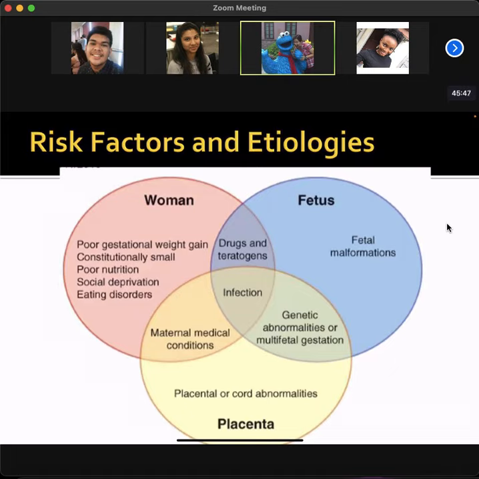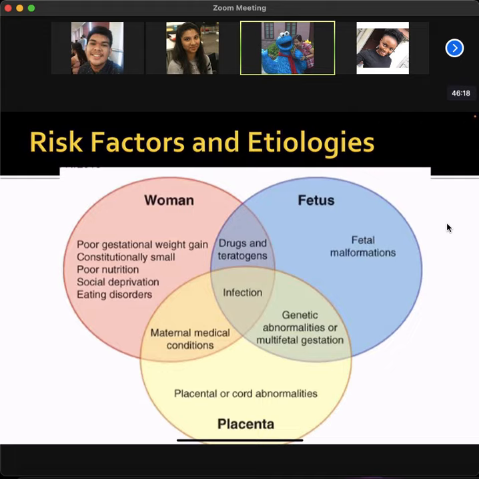Women who are constitutionally small also have a growth restricted fetus. Women with poor nutrition, social deprivation, and eating disorders would most likely have a fetus that is also growth restricted. Some fetal malformations can cause fetal growth restriction.